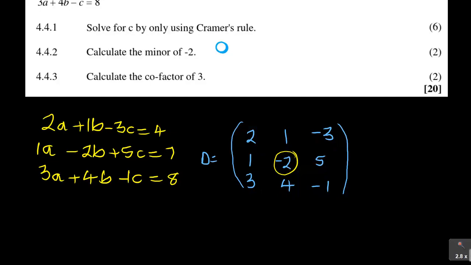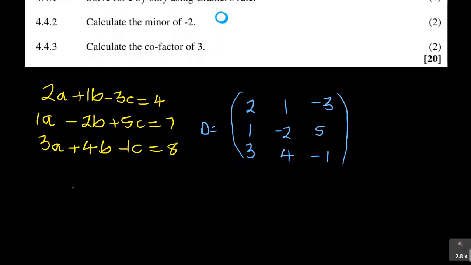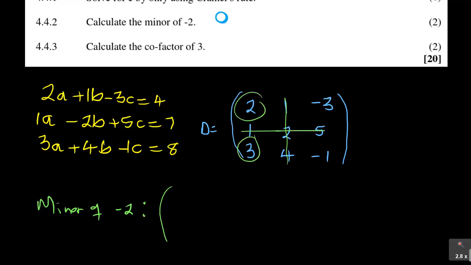So if I'm finding the minor of minus 2, remember I said you cross and you cross, so the numbers that are left are 2, 3, minus 3, and minus 1. Those are the numbers that you're going to write.